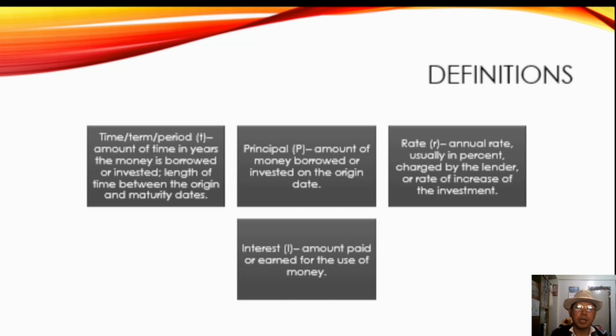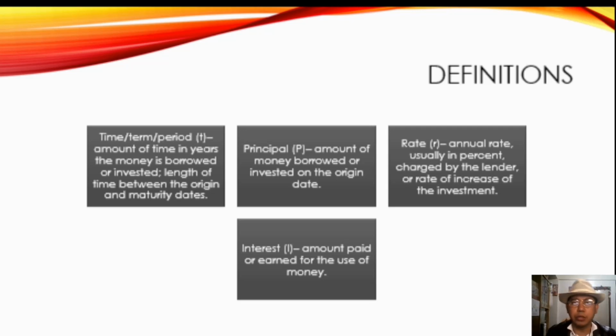Meaning to say, it is the start of the loan to the end of the loan. It is the time when the borrower received the money until the time the borrower must completely pay the loan. So that is the period. It is actually the length of time.